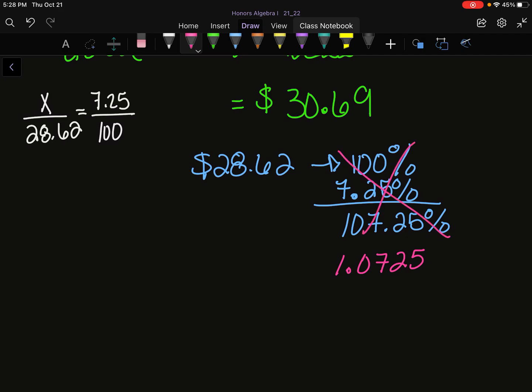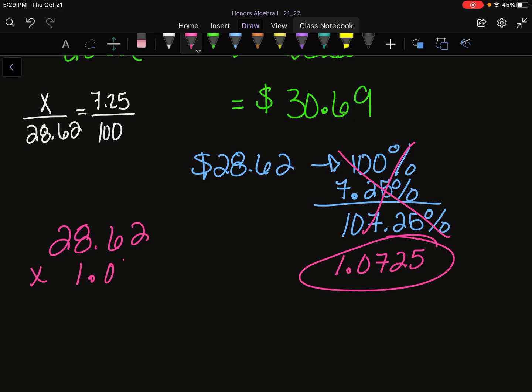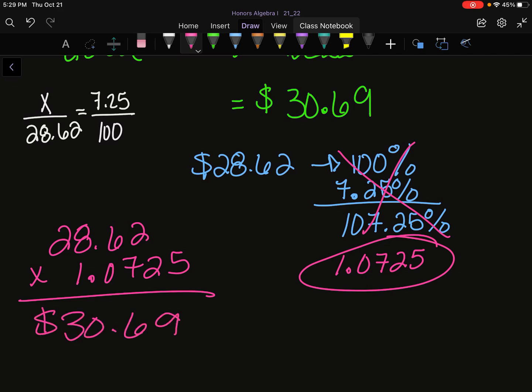I just say, well, if we're paying for 100%, that's obviously 1. And then we're adding on the sales tax, which is 7.25. So this would be my decimal, and all I have to do is multiply these out. And obviously I'm going to use a calculator. So 28.62 times 1.0725, and look at my answer, 30.69.